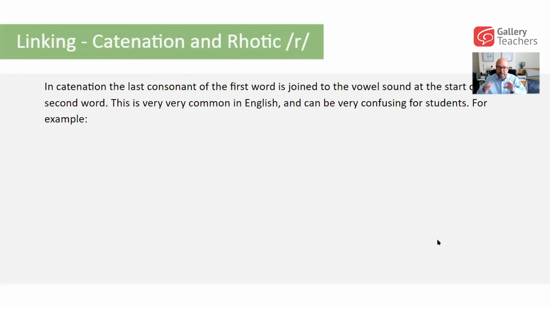So linking, remember, that chain, that catena, is where the last consonant, some, and the next vowel sound, of, link together, and the m moves to the of: "some of." A really nice example of this was a German student who asked me once, "Teacher, what is napple?"